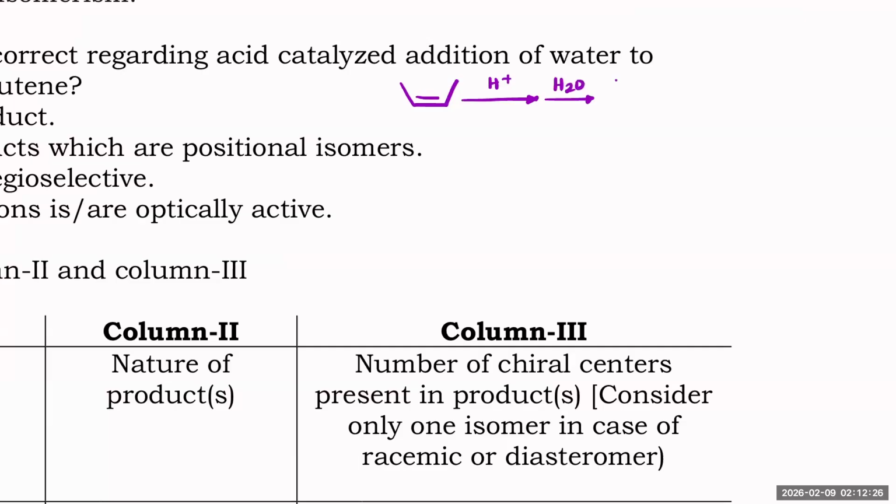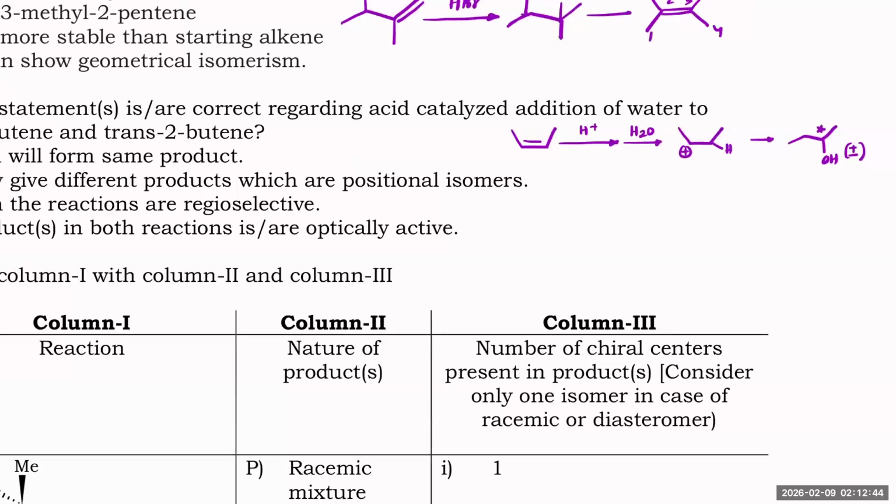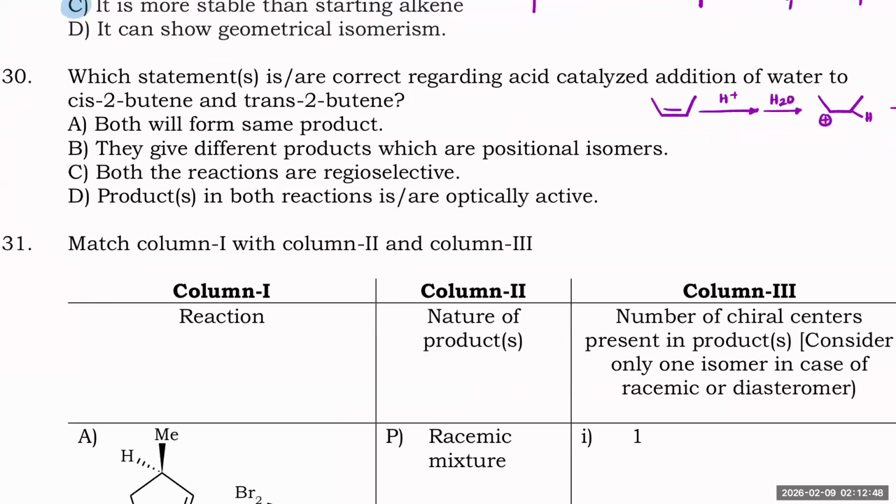Because you get a carbocation here, H will get added and water will be added at the carbocation. So you will always end up getting OH on a chiral center, which is racemic because you can have both dextro and levo. So whether you start with cis or trans, the product is the same. Therefore, we can say both will form the same products, right?